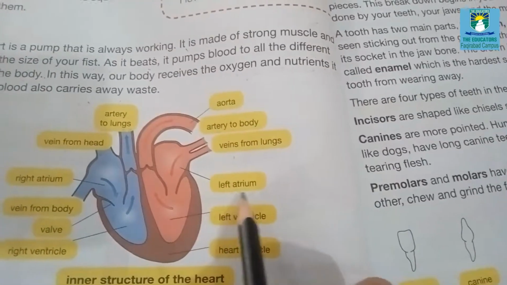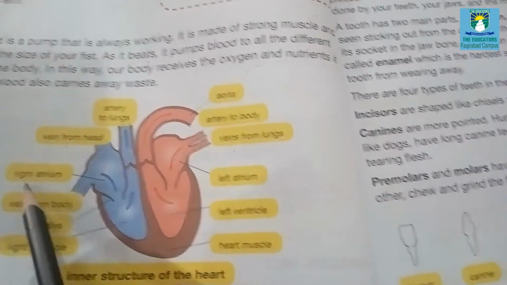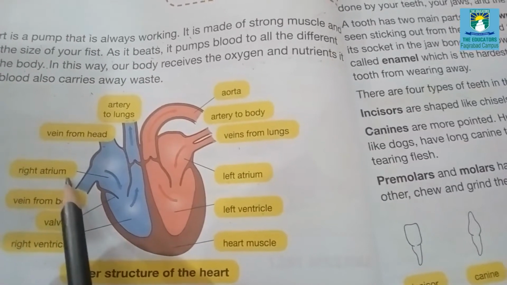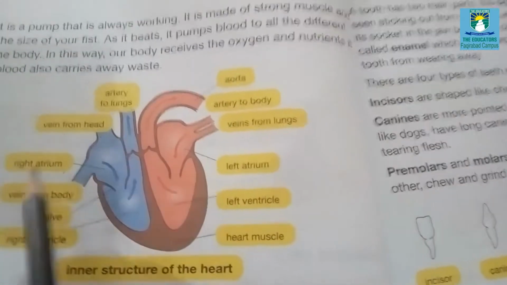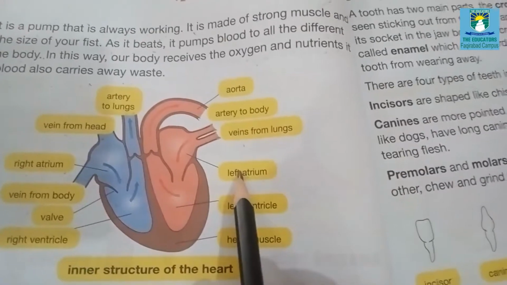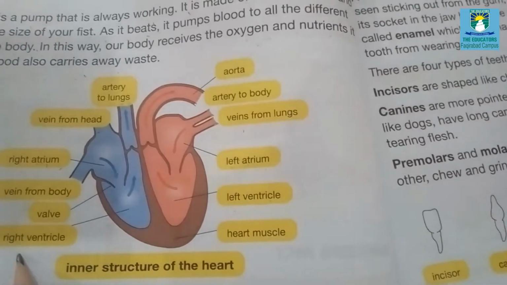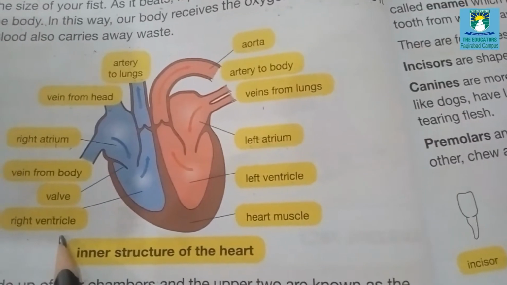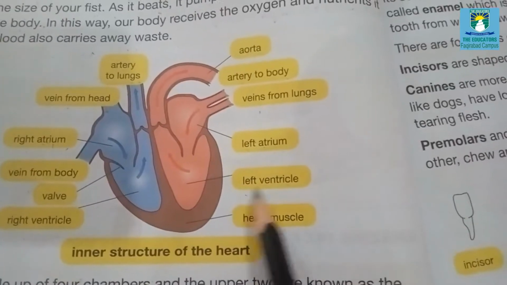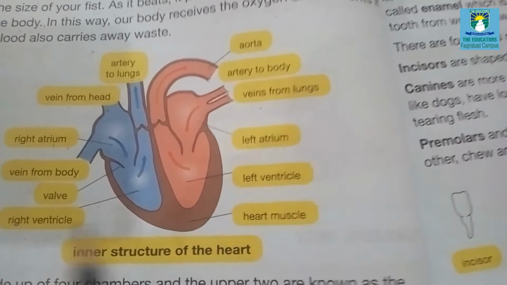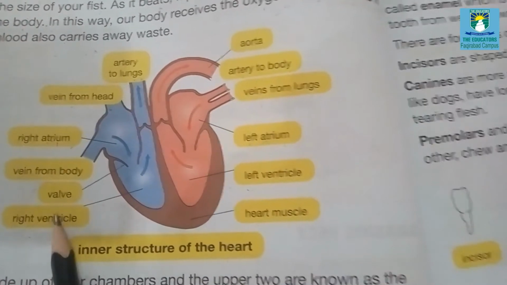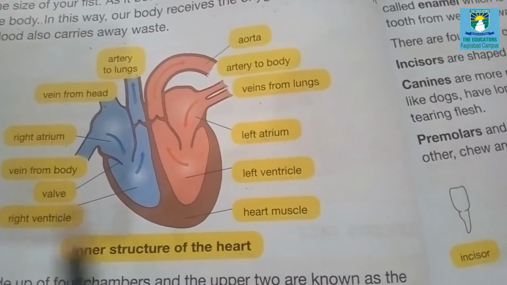It's the left atrium. It's the right atrium. These are the upper chambers. It's the right ventricle. It's the left ventricle. These 2 are the lower chambers.